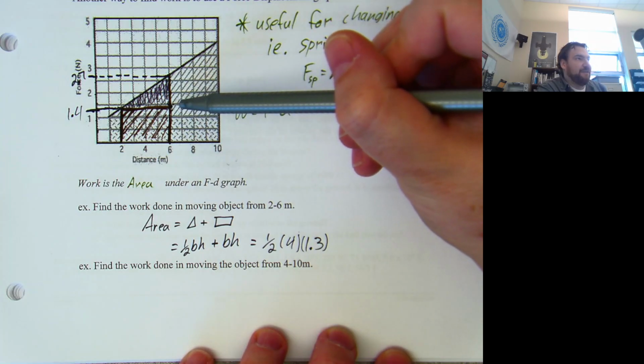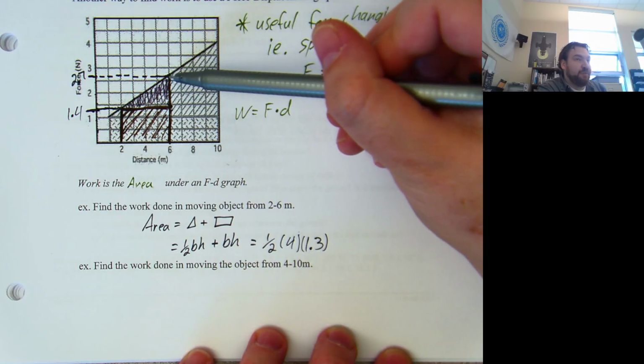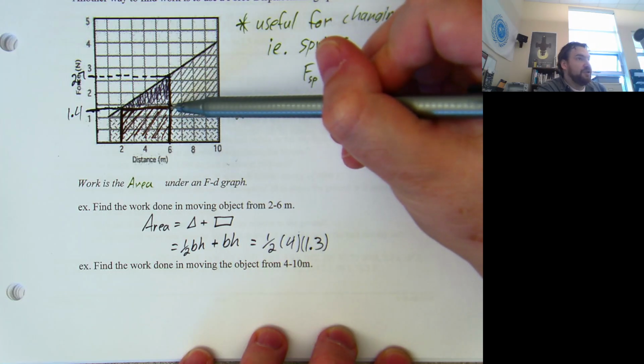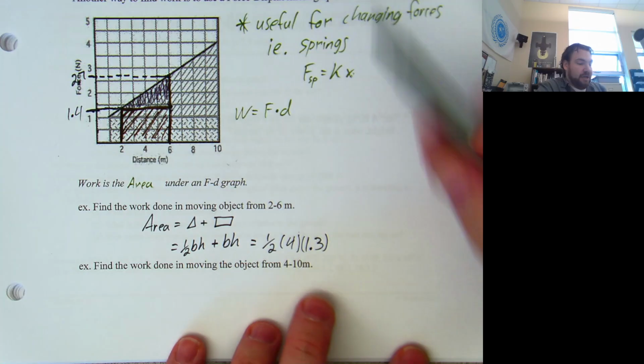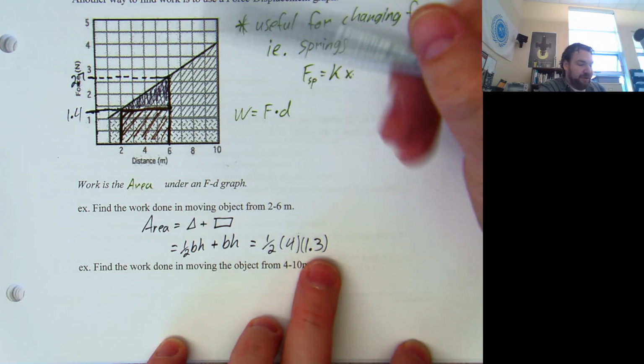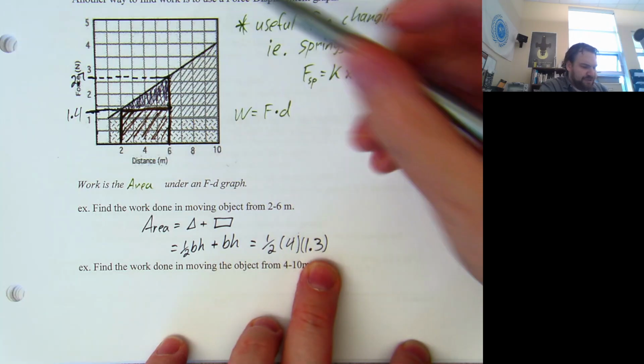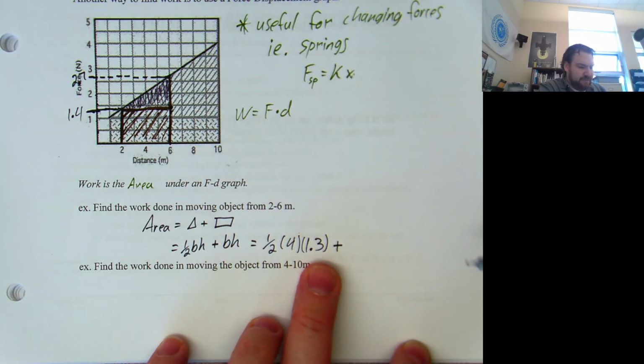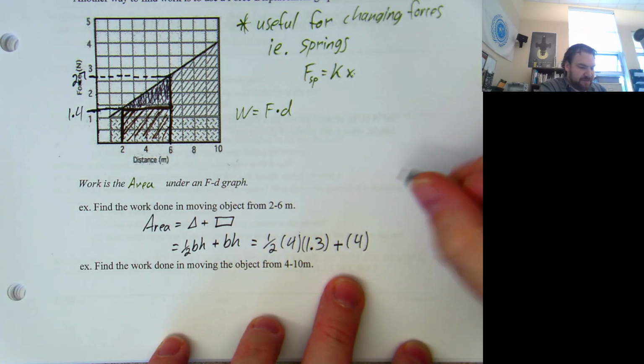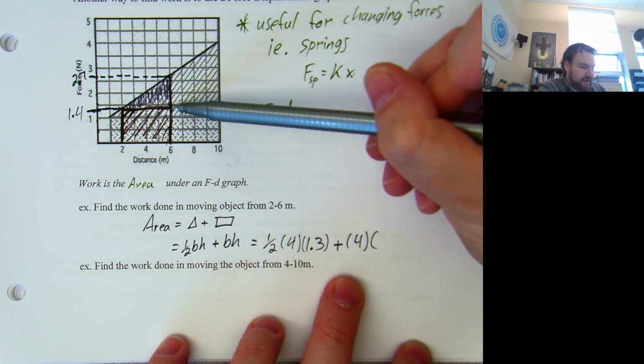If I remember back to that first unit, a whole bunch of you just told me the height of the triangle is 2.7. You have to go from where the triangle ends to where the triangle started. Subtract those two values. So this height difference is 1.3 newtons, plus 4 times the height of the rectangle, which is just 1.4.